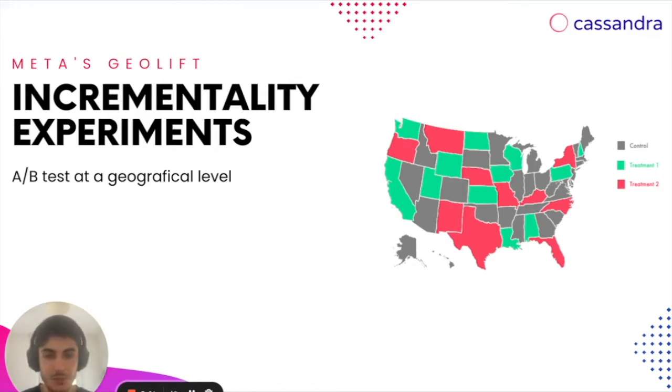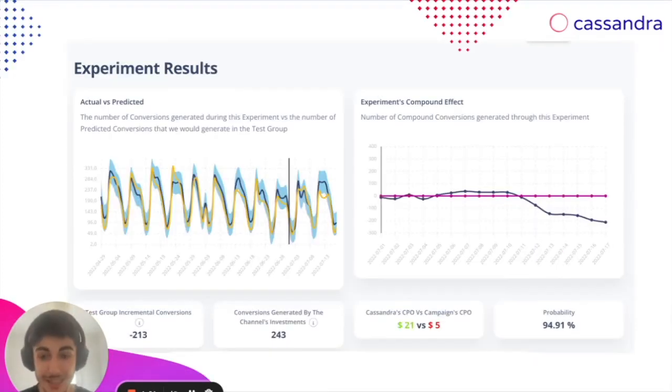So what we do is we do an A/B test. The groups in the control group are gonna see our ads. The people in the treatment group are not gonna see our ads, and we're gonna shut down investments on those regions. After 10 days of running this experiment, we can see clearly what was the incremental impact of this type of investment.